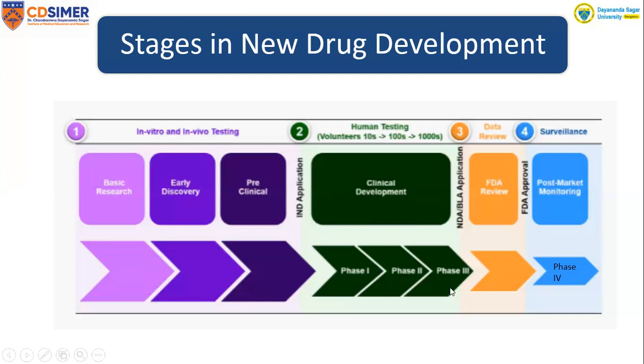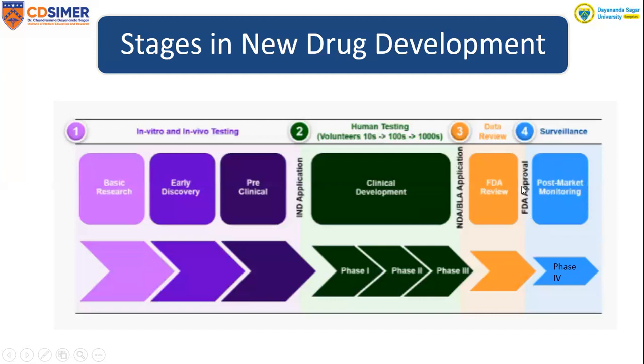And how many patients will be evaluated in this? In phase 3 trials, usually it will be in thousands, maybe 1,000, 2,000, 5,000. It can go up to 10,000 patients also. This is mainly to satisfy the regulatory requirements, so that they can put in a new drug application, and after review and approval, the drug can enter the marketing phase.